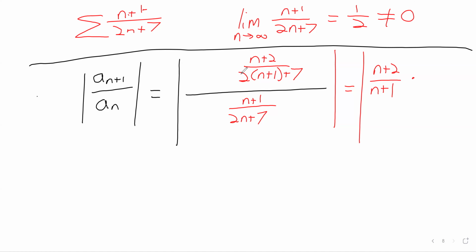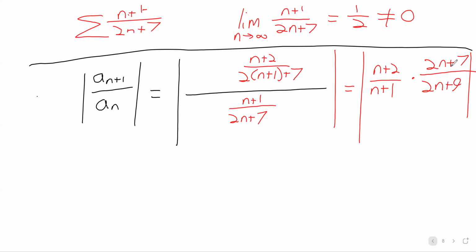and we get a 2n plus 7 over a 2n plus 9. And when we take the limit, absolute values aren't really doing anything, but they're also not hurting anything.